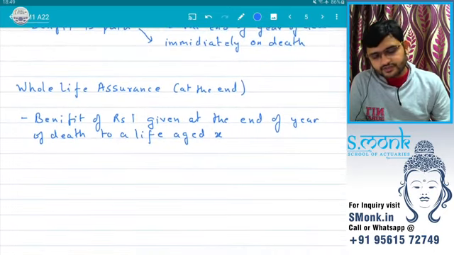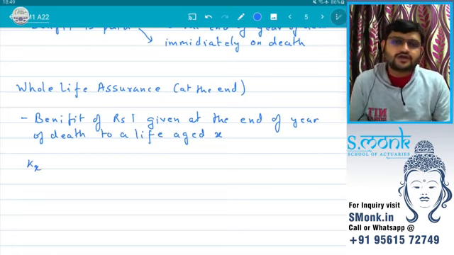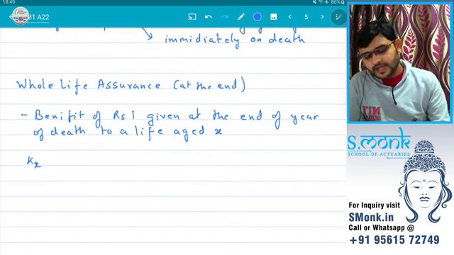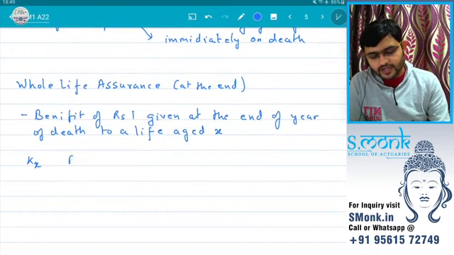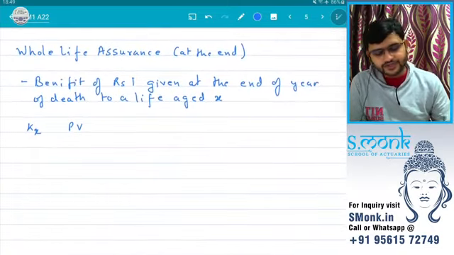In this, we have something Kx. Kx is the number of years a person would live after age X, and then we'll calculate how much present value we will see in this particular assurance.